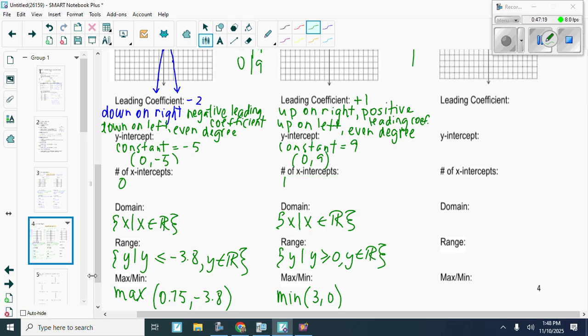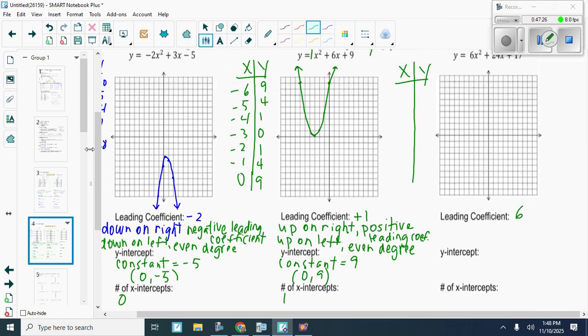So leading coefficient was positive. It was 6. We're going to have to probably get some decimals going.